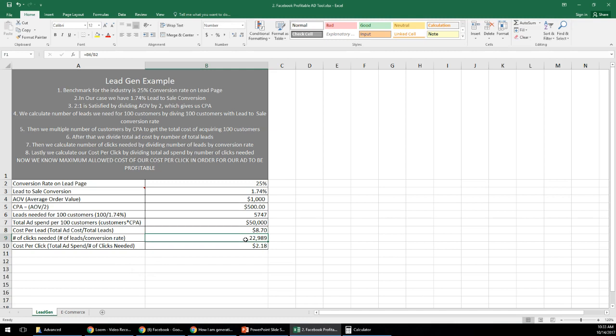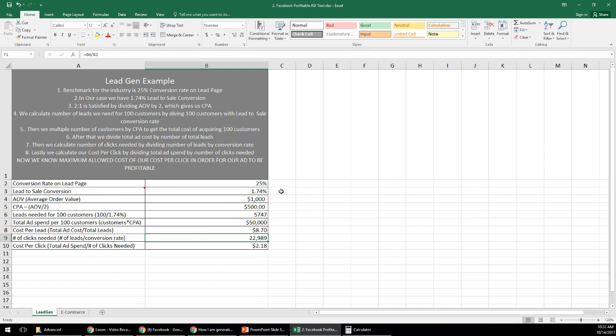In this case, the number of leads is 5,747. And when we divide that number by 25, we get 22,989 clicks that we need on our ad in order to generate 5,747 leads in order to generate 100 customers.